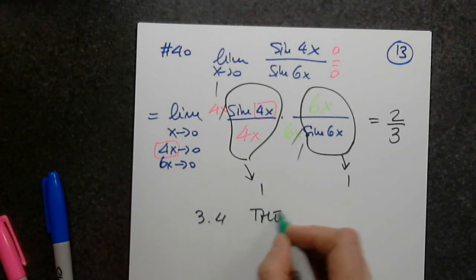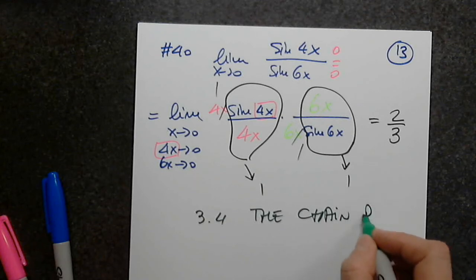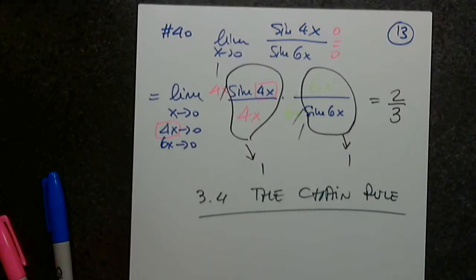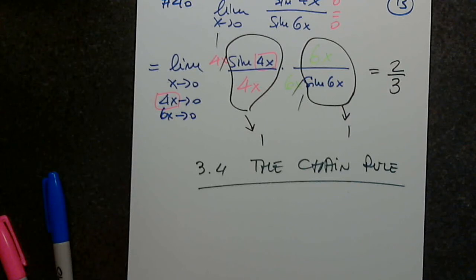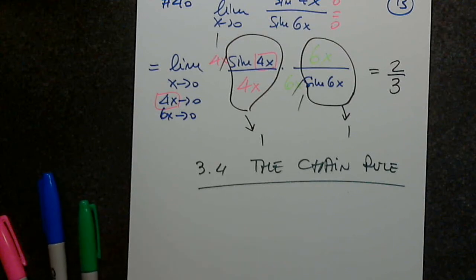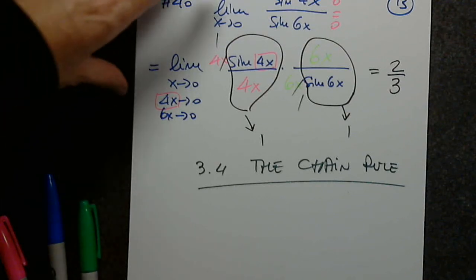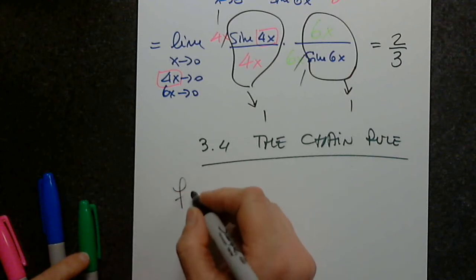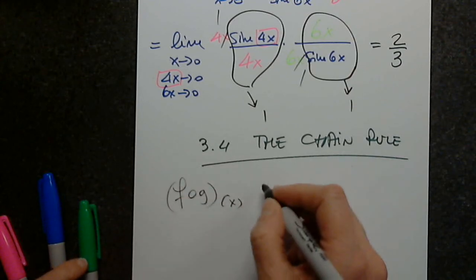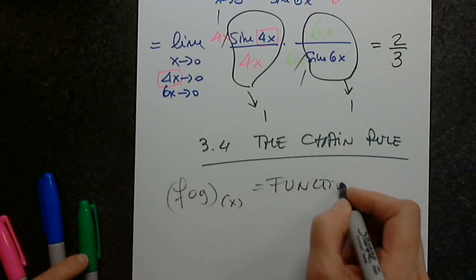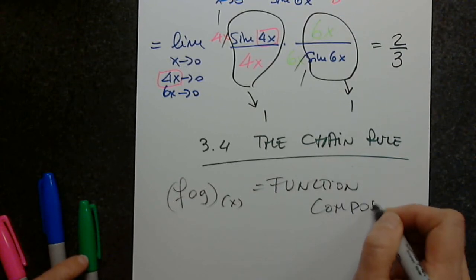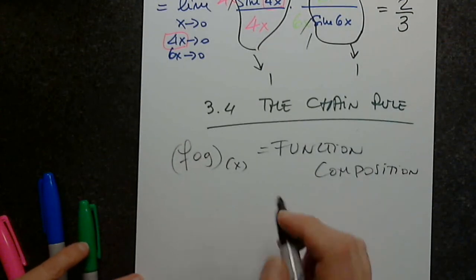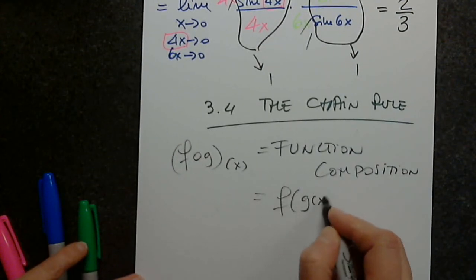3.4, the chain rule. What is the chain rule? We're trying to differentiate something like this, which is a function composition, which by definition equals f of g of x.